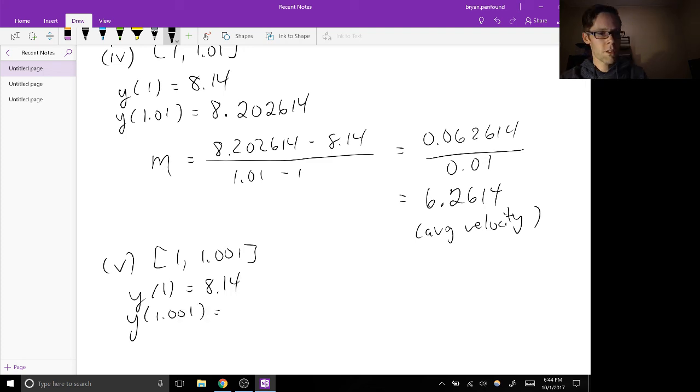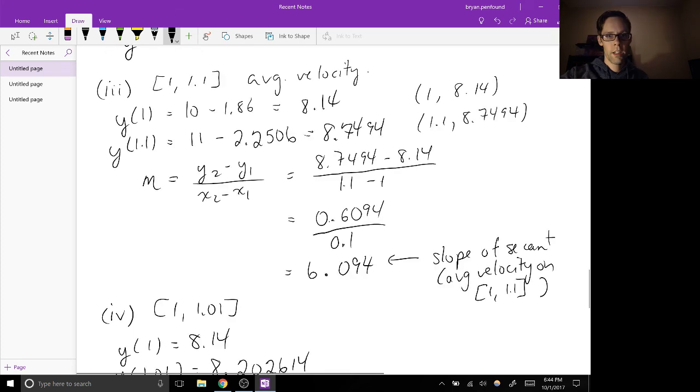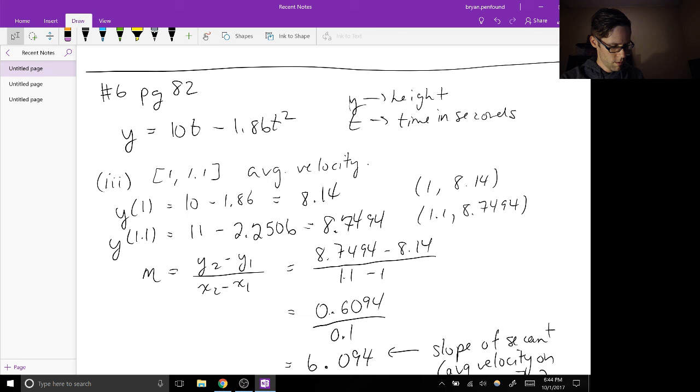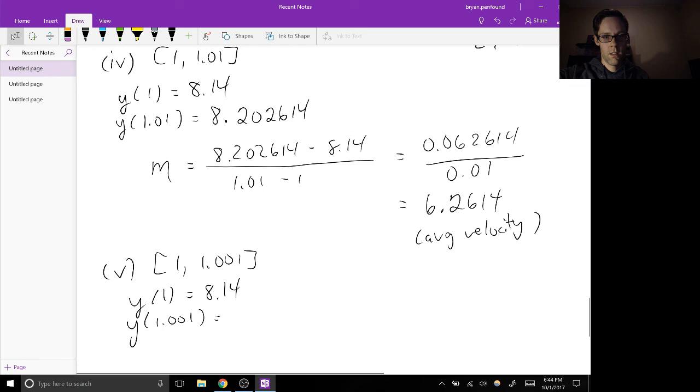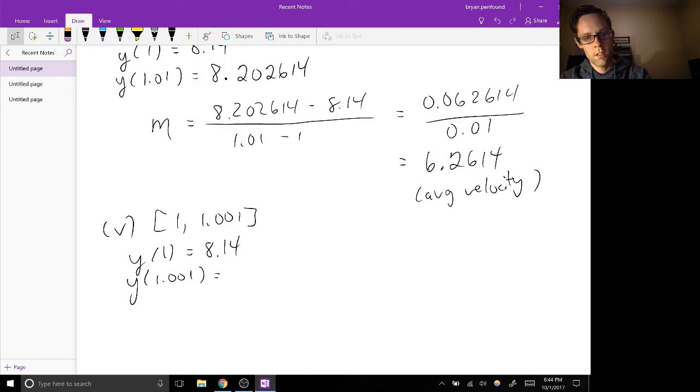Substitute 1.001 into your y function: 10 times 1.001 minus 1.86 times 1.001 squared.